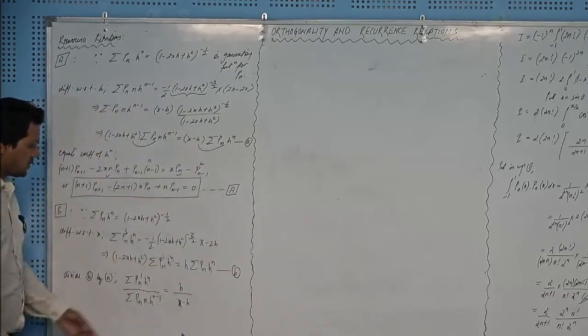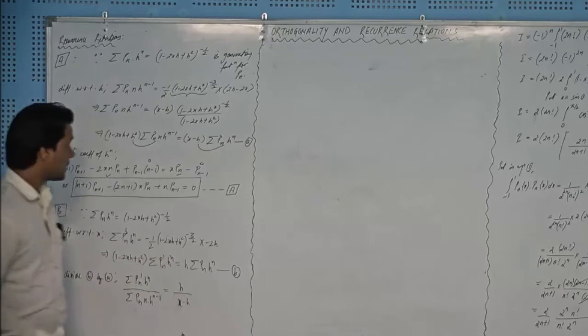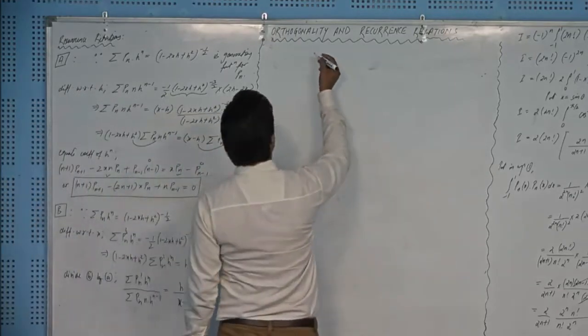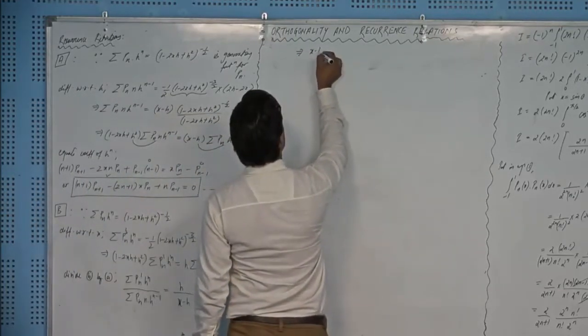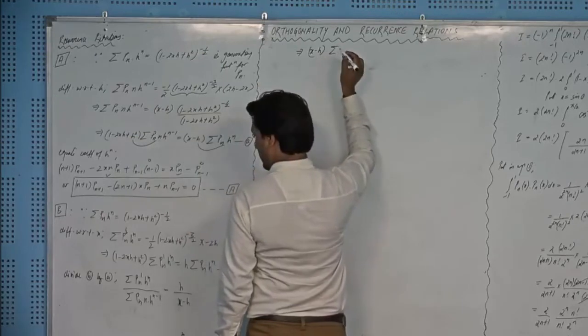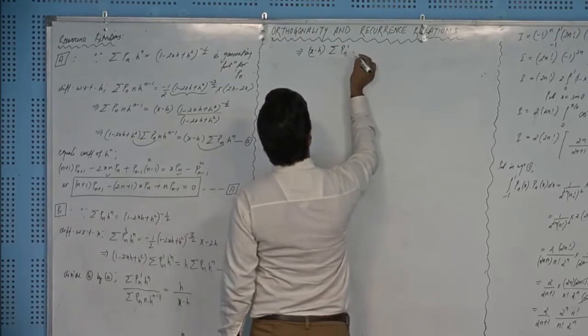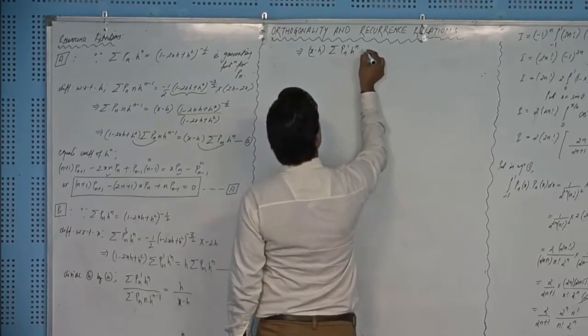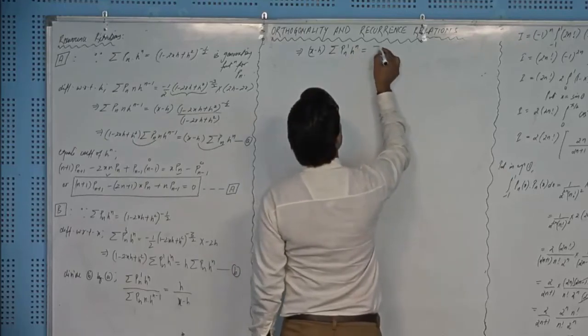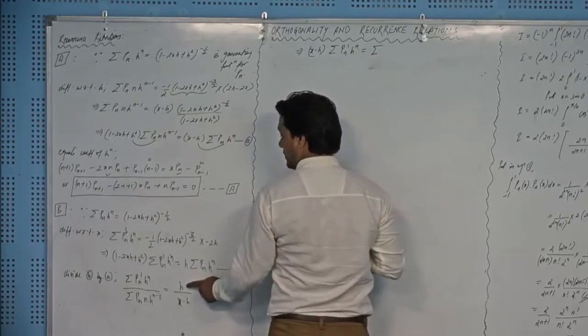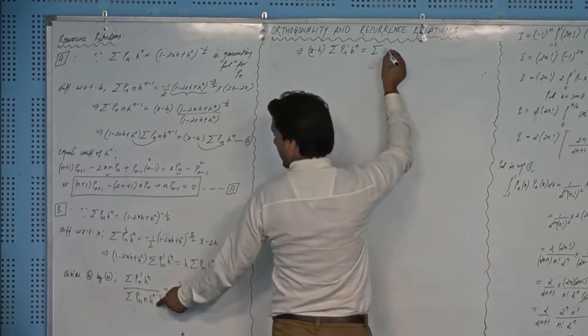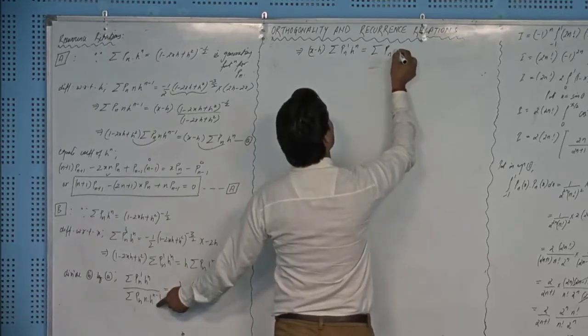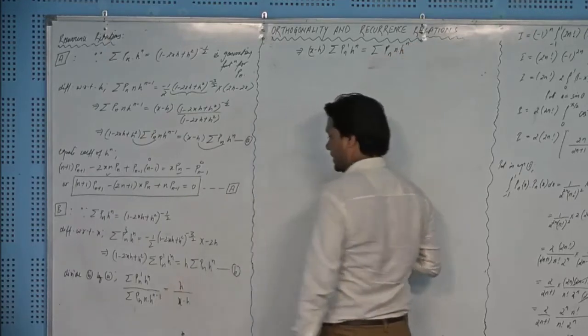Now on cross multiplying you will get (x - h) summation Pn dash h to the power n equal to summation Pn h to the power n, since this is h, it will go inside the bracket, and it will become h to the power n, you can see that, right?